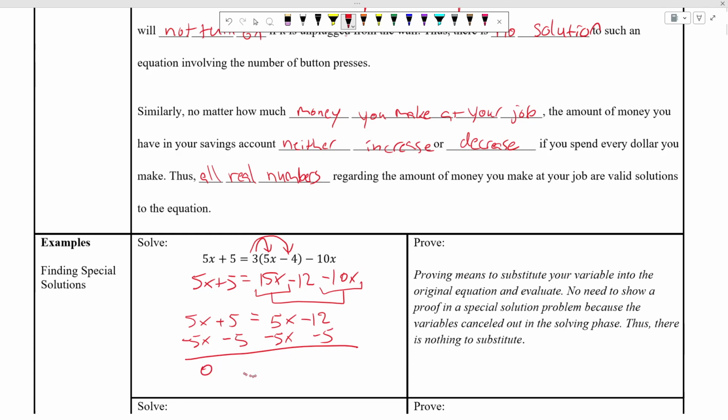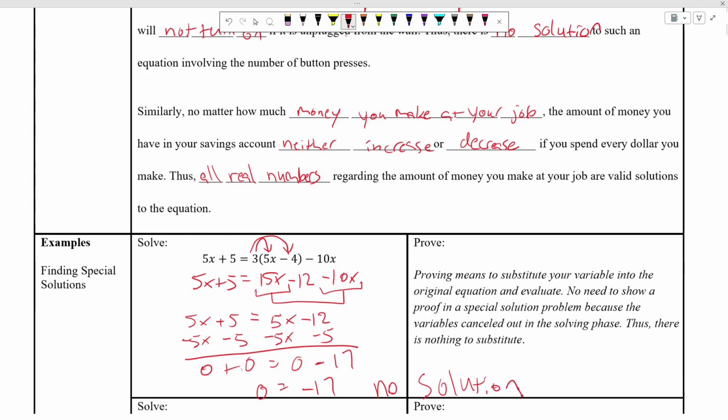Plus 5 minus 5 becomes 0. Equals, this becomes 0, but this here becomes minus 17. There is no way that 0 equals -17. That is not a true statement. That's not a statement of truth. There is no truth to that. Thus, there is no solution.